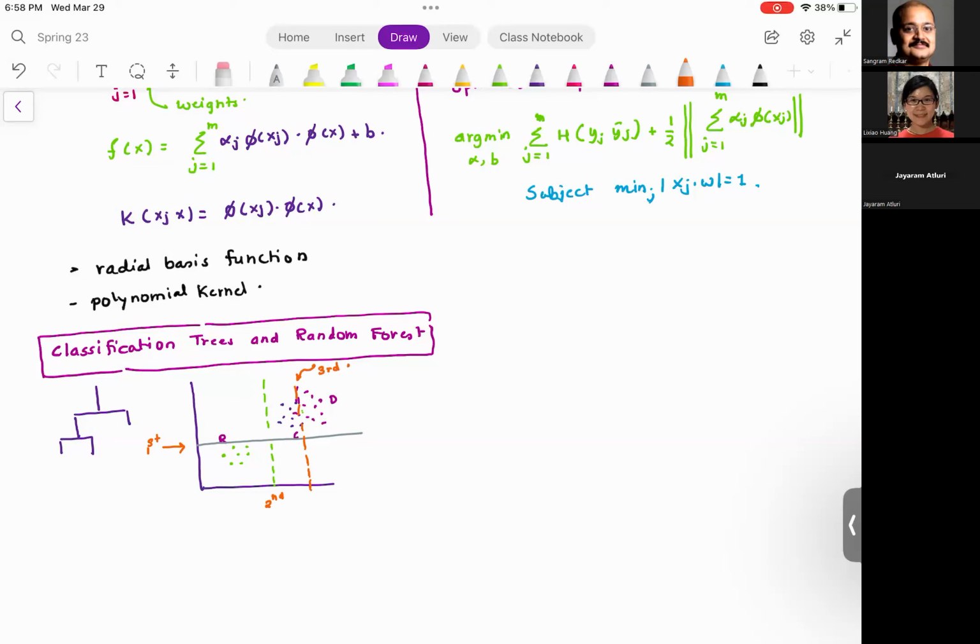So I can classify depending upon which block the data belongs to. If the data is in this block, this is the rat block. If the majority of the data is here, this is the cat block. And if the majority of data is over here, this is the dog block.